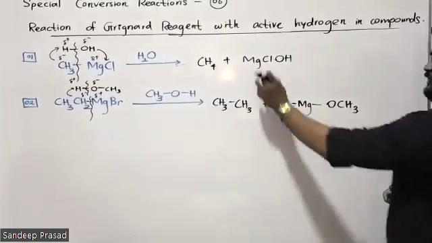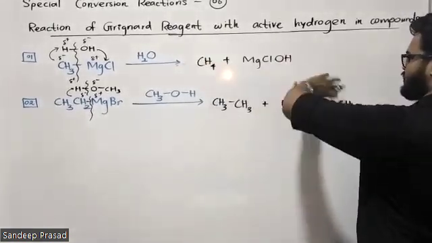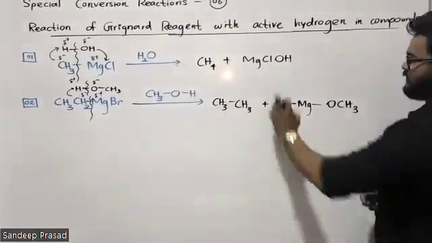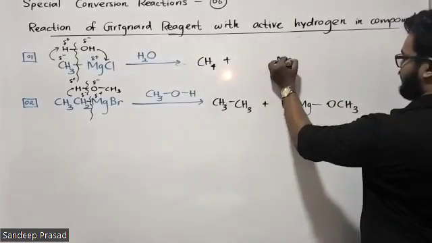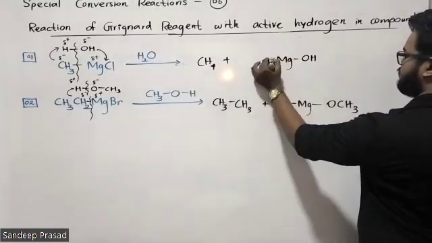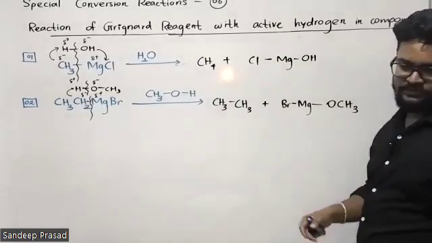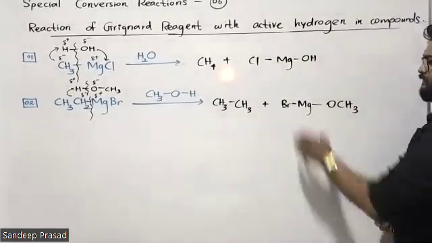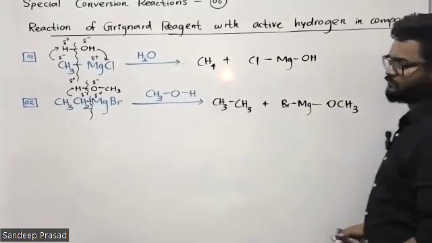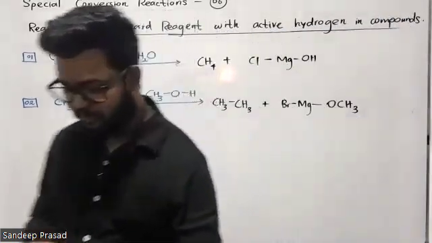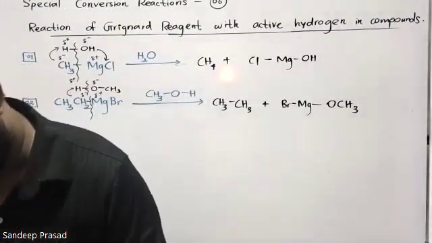Here also Cl can be connected there and OH can be connected here in that way. So let me write it in this way. We can consider it in that way. It's not exactly a covalent bond, because magnesium is actually an alkaline earth metal.